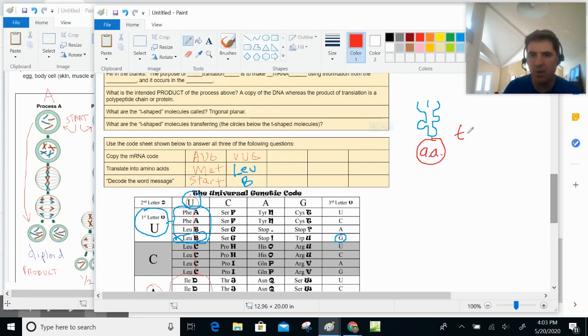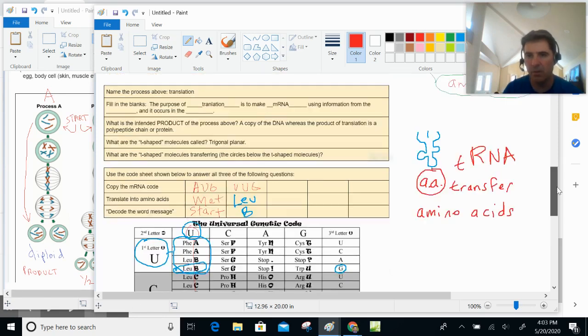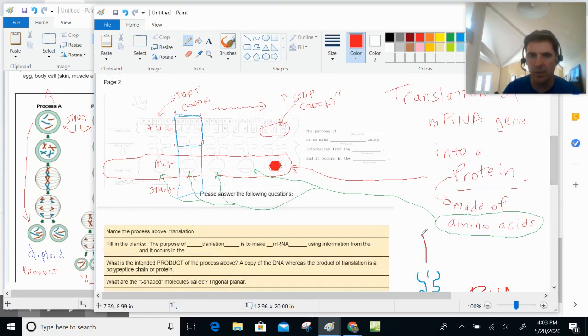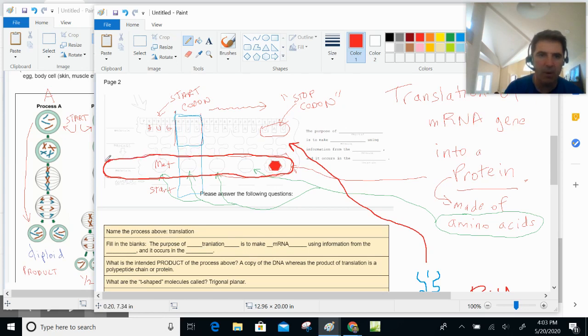A tRNA stands for transfer RNA, and their job is to transfer amino acids. You can think of them as little workers with a little wheelbarrow. They bring their wheelbarrow in here, and they're going to read the code and build the protein out of amino acids. That's the job. The code is made of mRNA.